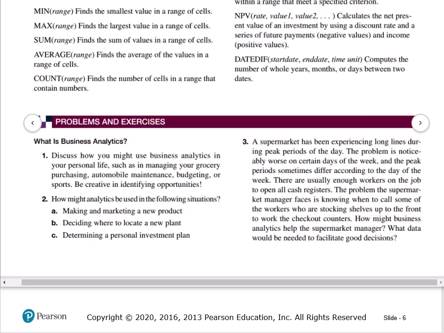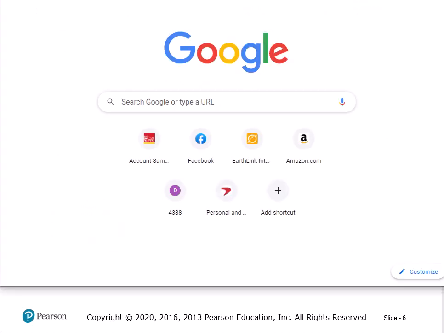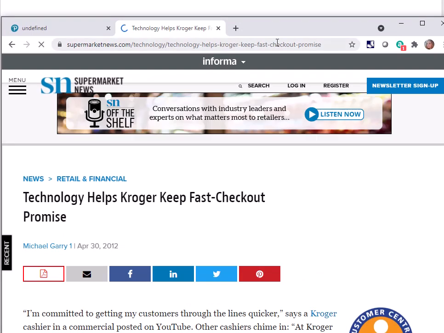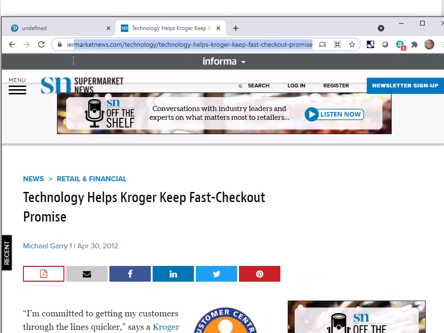Actually, I'll go ahead and pull that up quick. Okay, and there is the link. Supermarketnews.com, technology helps Kroger keep fast checkout promise.